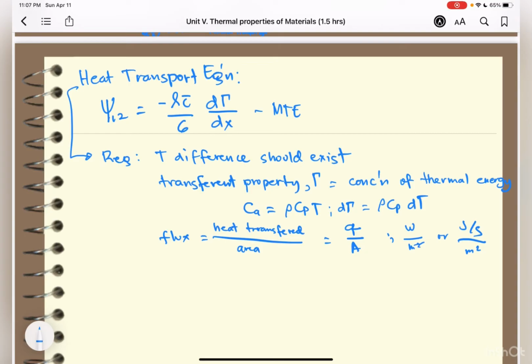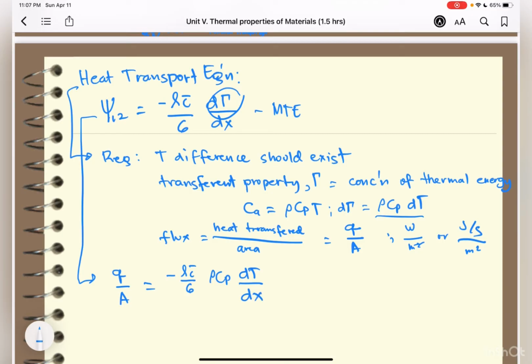Now let's plug this transferent property flux into our MTE. Your Q over A is equivalent to negative L C bar over 6 times the derivative of your transferent property, that is rho Cp dT over dx.